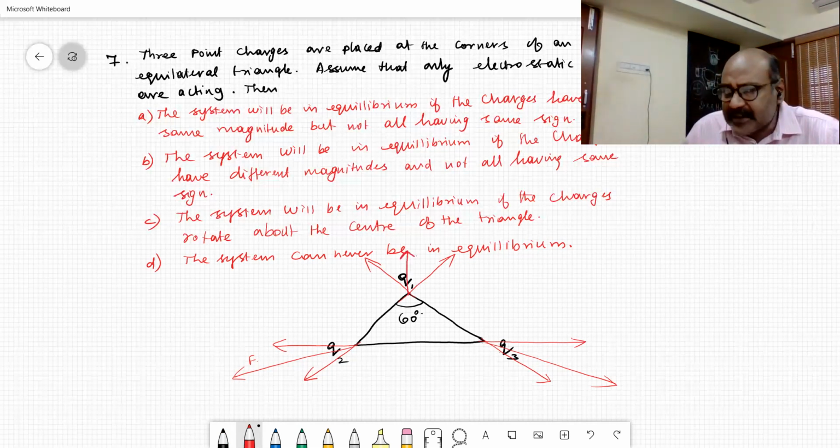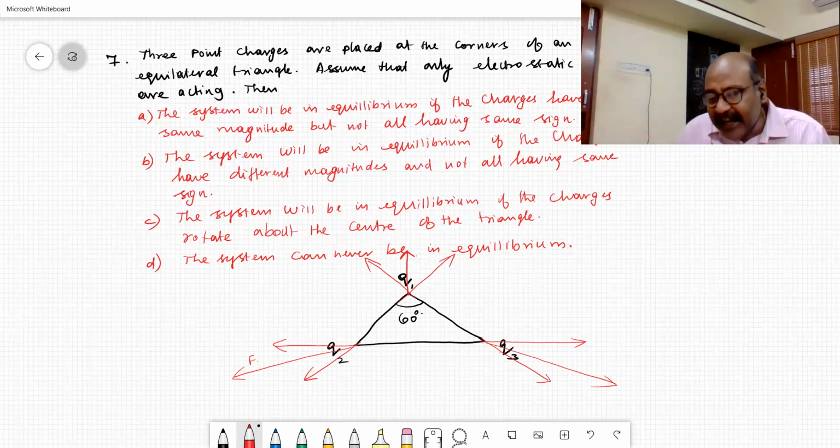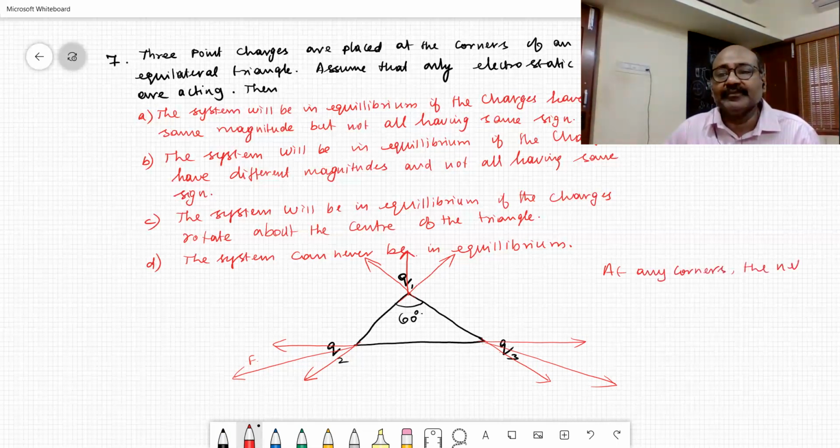If they are of opposite nature, then also the resultant will be along the line joining the diagonal passing through the common point. In any of these cases, at any one of the corners, the net force can never be equal to 0.